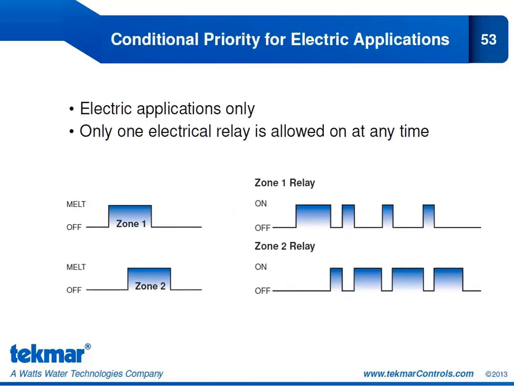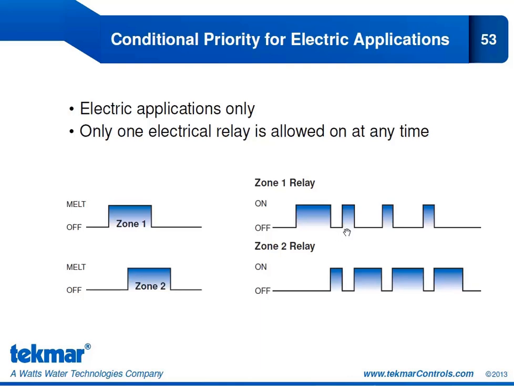Now, conditional priority for electric applications is a little bit different. In this case, we're only going to allow one electrical relay to be on at any given time. So you can see here, Zone 1 is going to start melting first. And when this relay cycles off, then Zone 2 relay can come on.